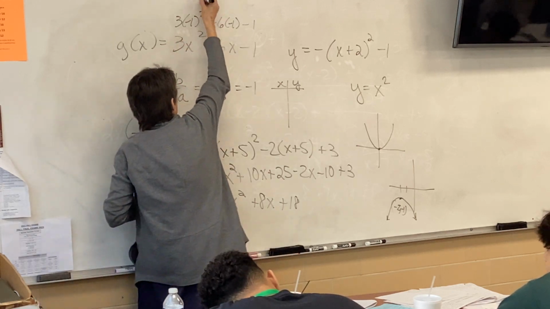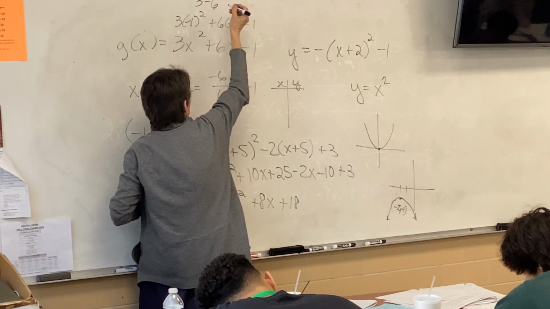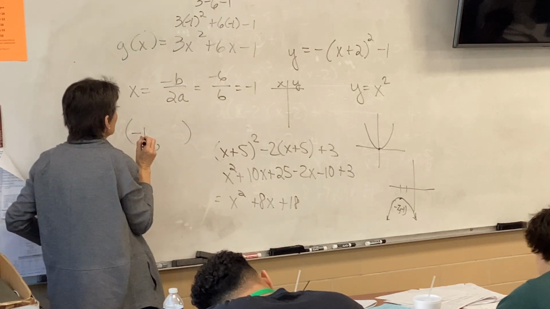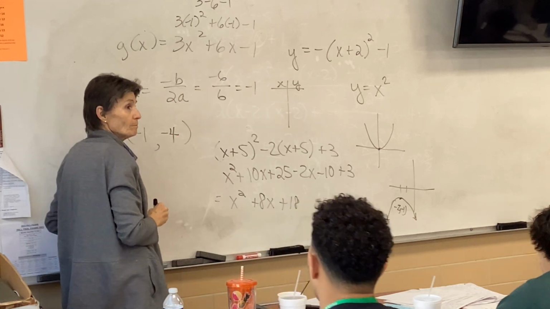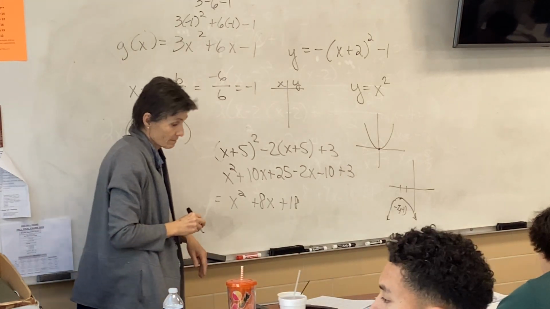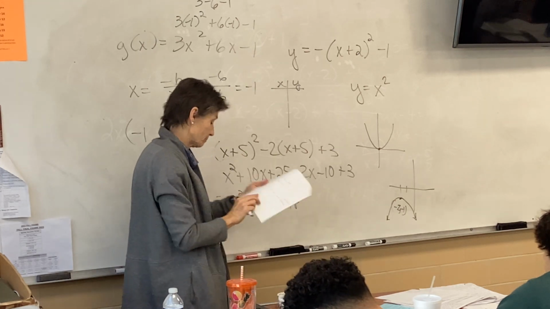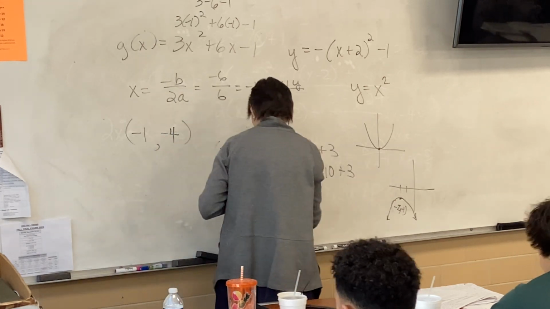So this is 3 minus 6 minus 1. So that all adds up to negative 4. And there's my vertex. Negative 1, negative 4. All right, number 12.